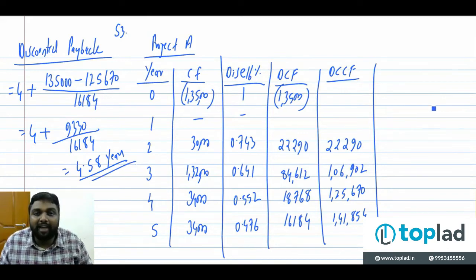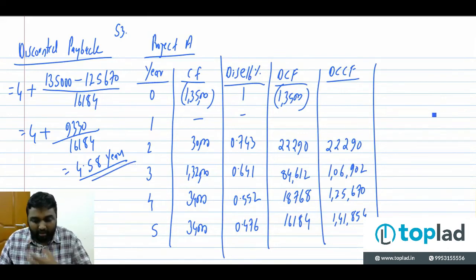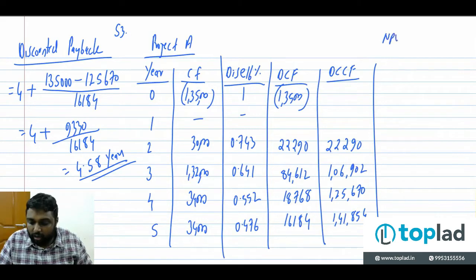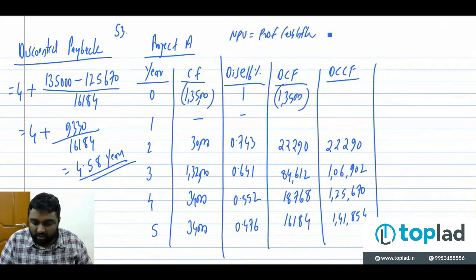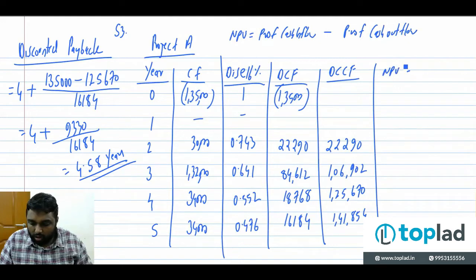So we got the discounted payback. Now we can find out NPV also. What is the equation for NPV? Present value of cash inflow minus present value of cash outflow. So how to find out?